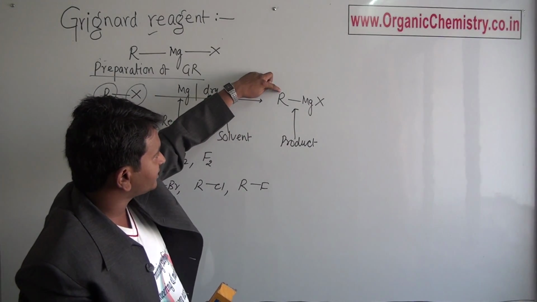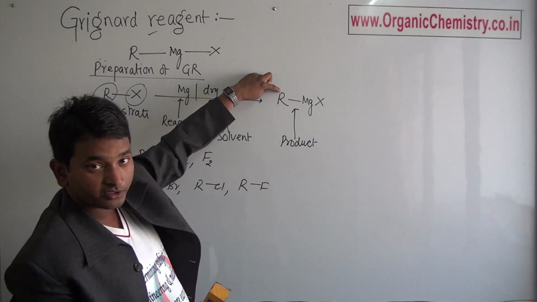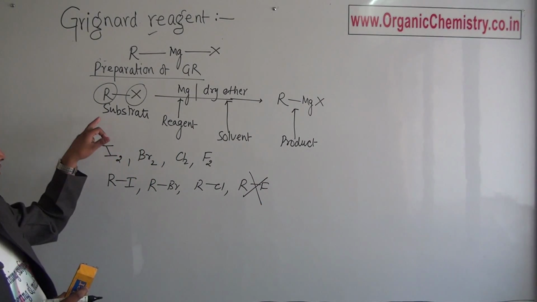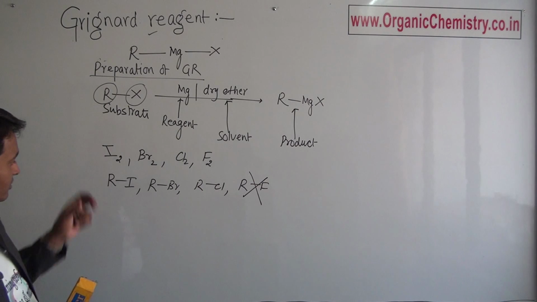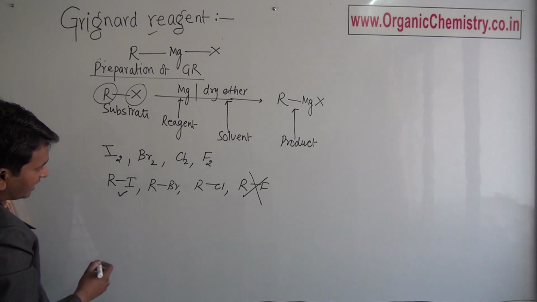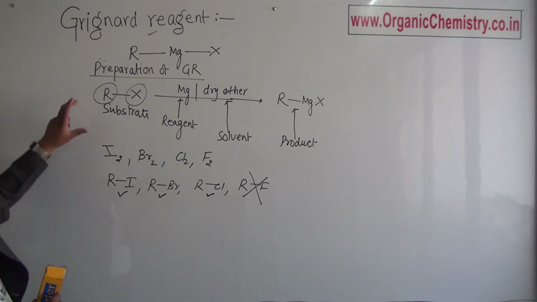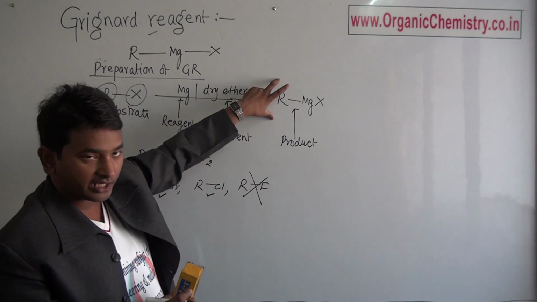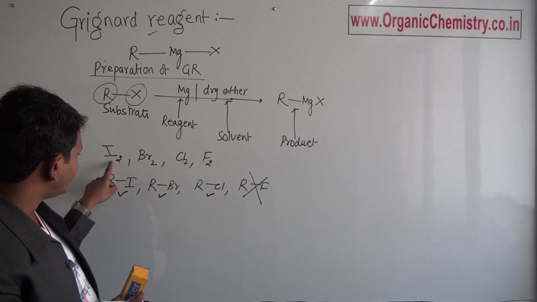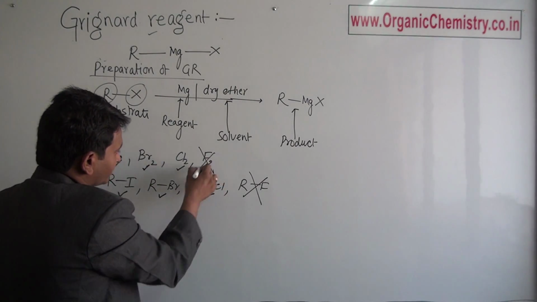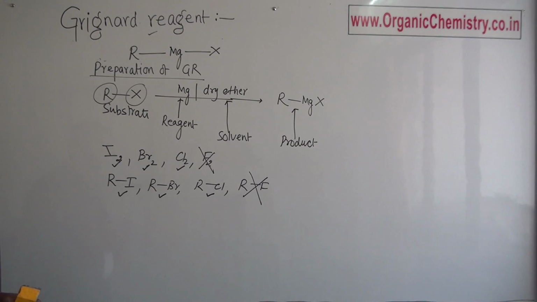So the nucleophilic center and basic character of R decreases. So in normal cases, fluorine is not used for the preparation of GR. Normally alkyl iodides, bromides and chlorides are used for the preparation of RMgX. So we can use iodine, bromine or chlorine in most cases, but generally fluorine is avoided.